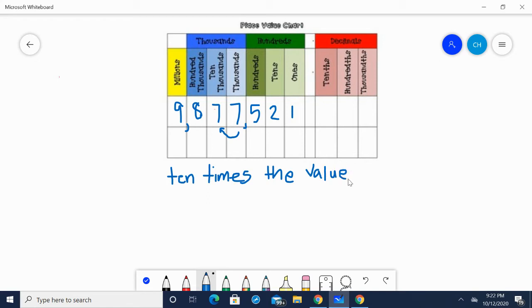Okay, think about it as 10 times the value. That is very important to remember and to understand. So, 10 times the value.